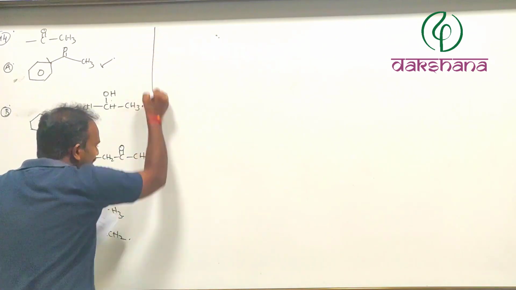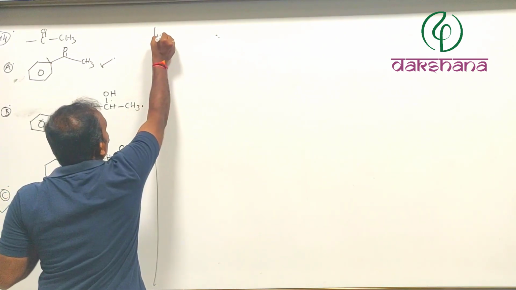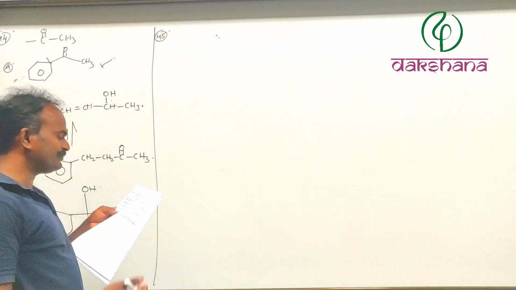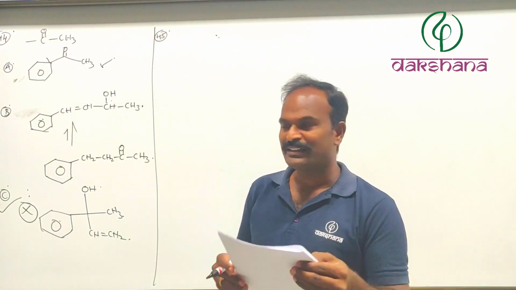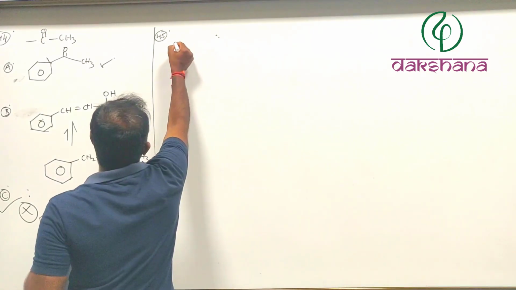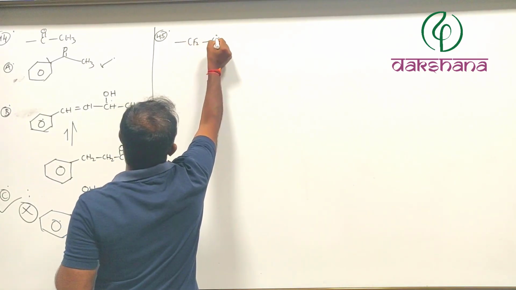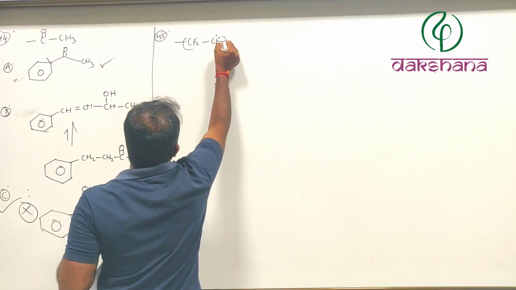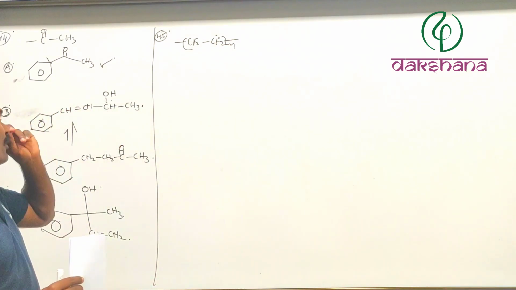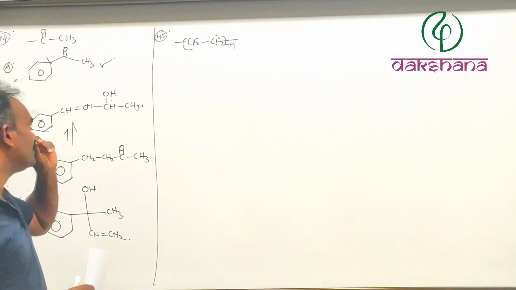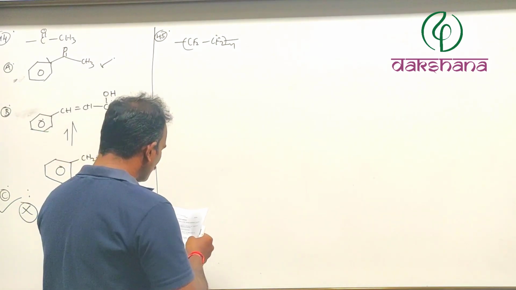Question number 45. Which of the following is not an addition homopolymer? Teflon is definitely a homopolymer, CF2 n times, from 1, 1, 2, 2 tetrafluoroethylene, polytetrafluoroethylene.